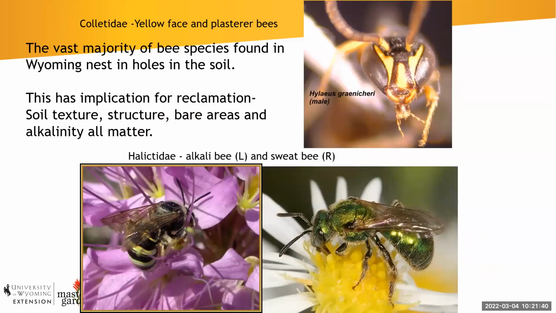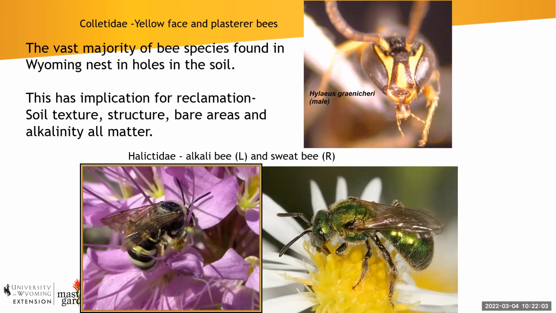So the vast majority of Wyoming's native bee species actually nest in the soil. And that makes sense because a lot of our area in the eastern part of the state is prairie grasslands, that before European settlement had probably a pretty high fire rate.